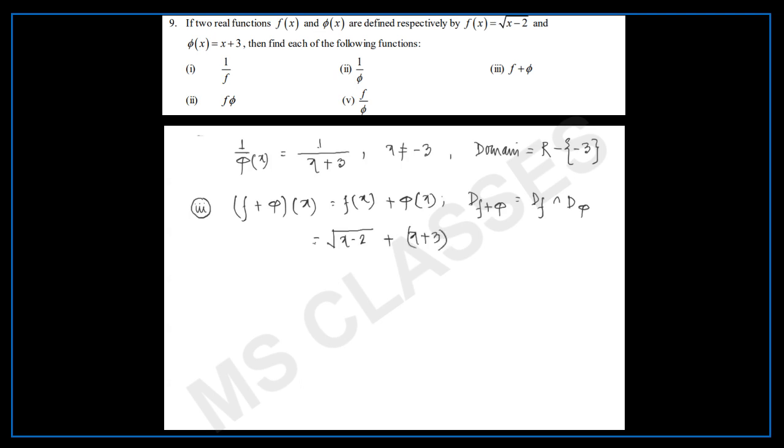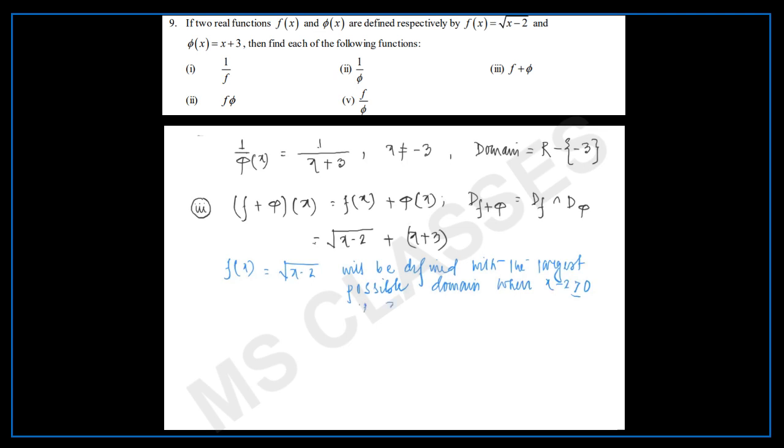Now, if we find here separately the domain of f(x), this root over x − 2 will be defined with the largest possible domain when x − 2 is greater than or equal to 0.